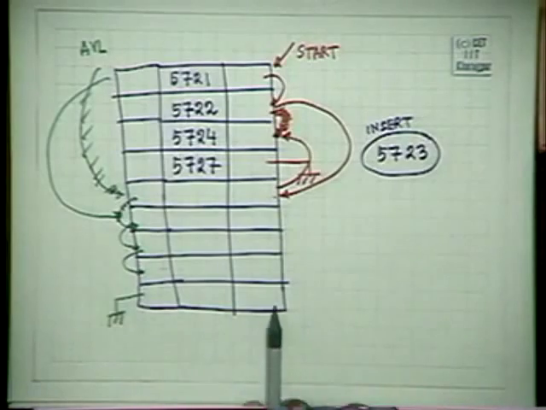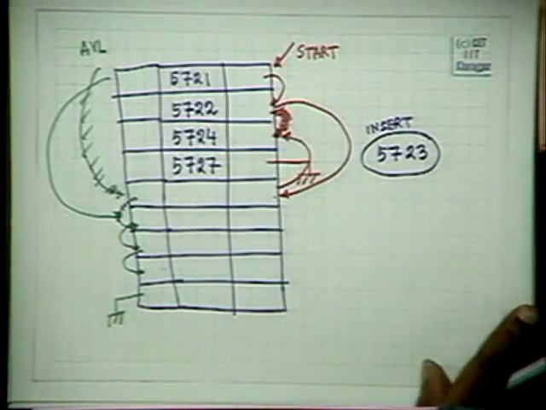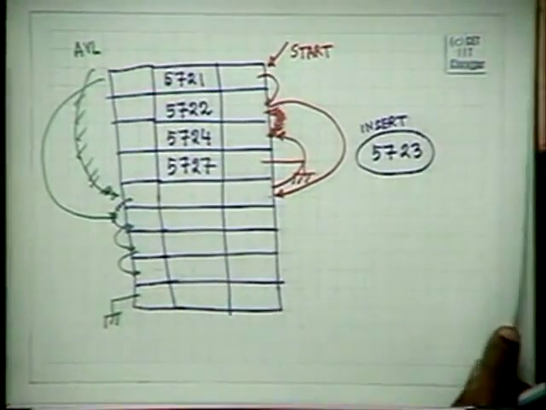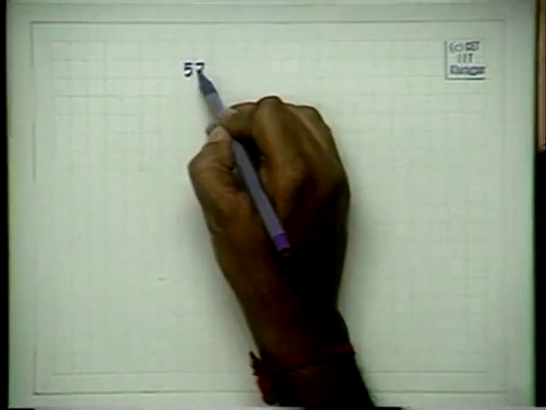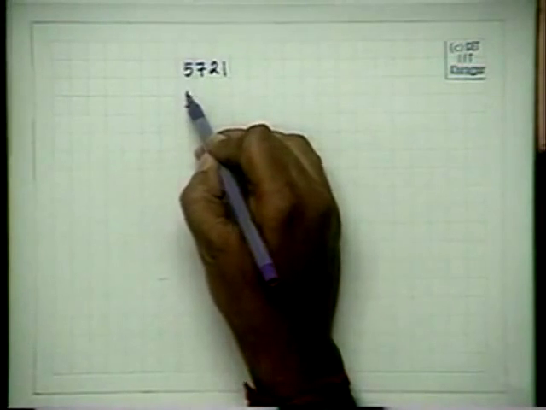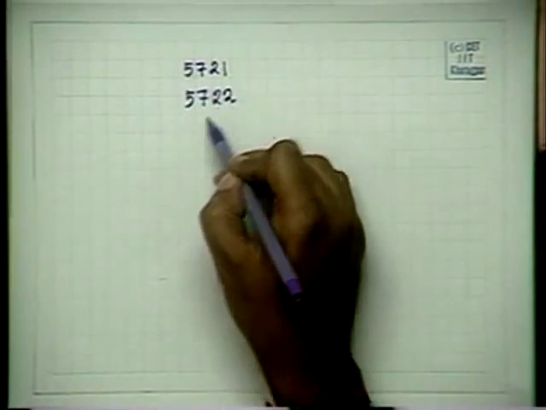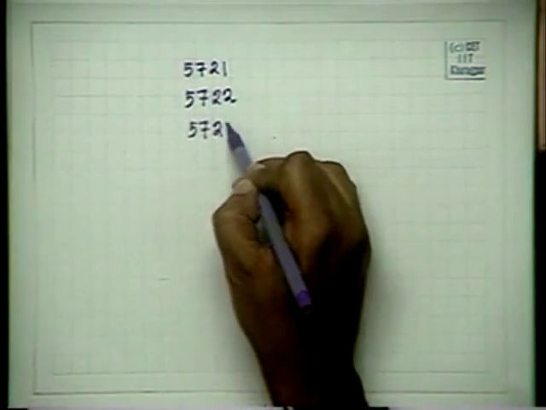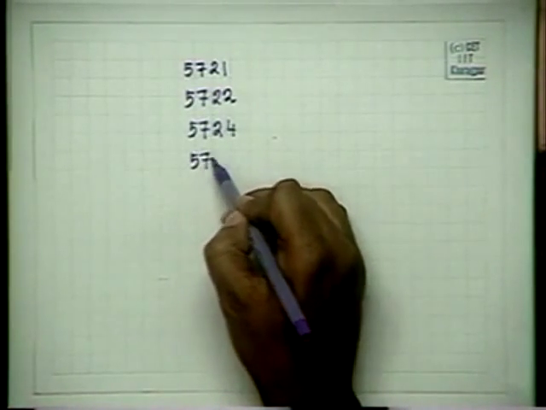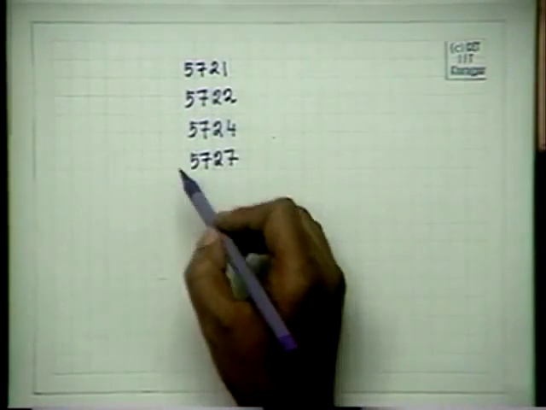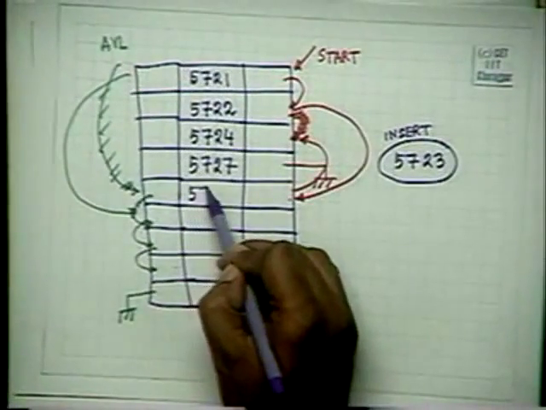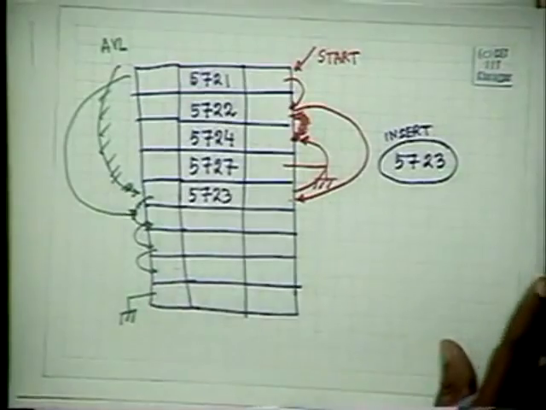Now at this point of time, I'll just redraw it, because since we cannot erase, I'll redraw it so that we can understand deletion better. Otherwise the diagram gets very cumbersome. Here actually we have inserted 5723 here at this point.